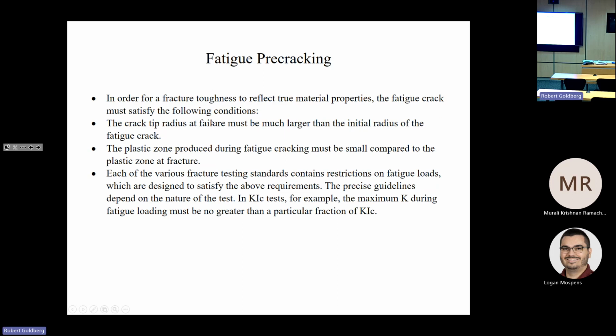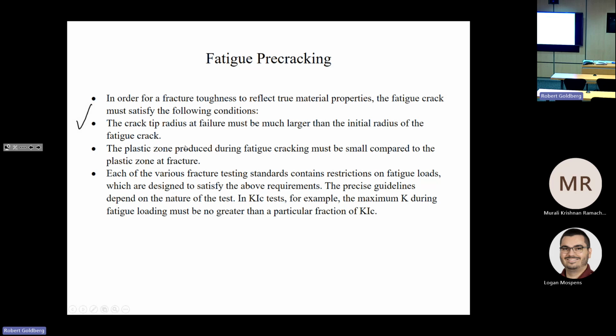So to quantify this a little bit, for a fracture toughness test to reflect the true material properties, your fatigue crack has to satisfy the following conditions. As I said, first, the crack tip radius at failure has to be much larger than the initial radius of the fatigue crack.